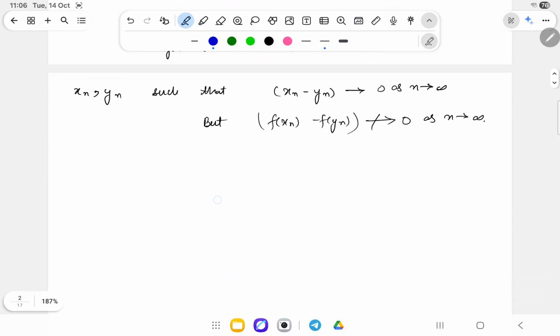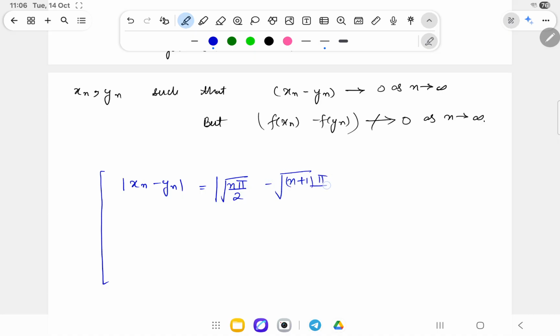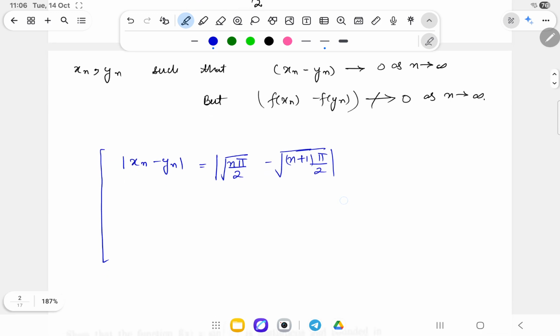For that, you can either observe it, it's very simple. I should have explained it earlier. If I calculate my xn minus yn, it is basically modulus of square root of n pi by 2 minus square root of (n plus 1) pi by 2. Now if I just rationalize it, what will I get?